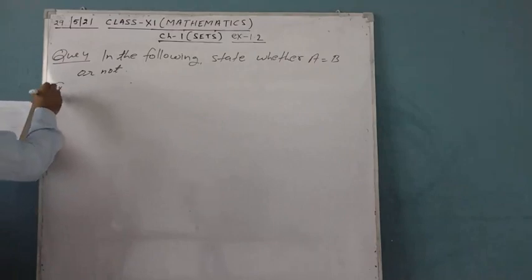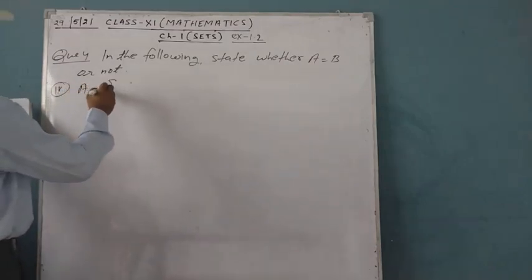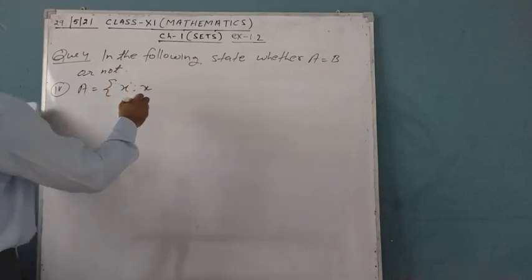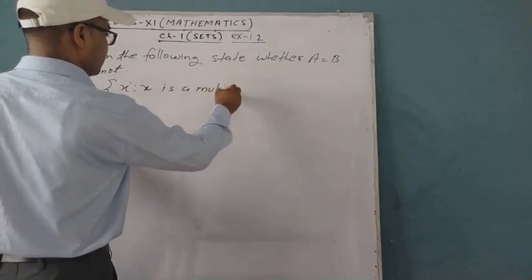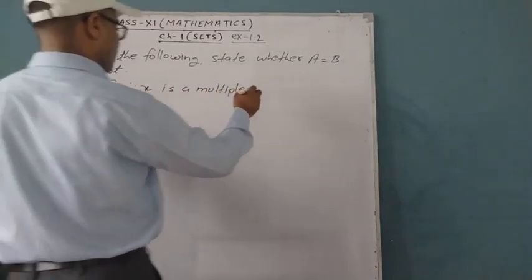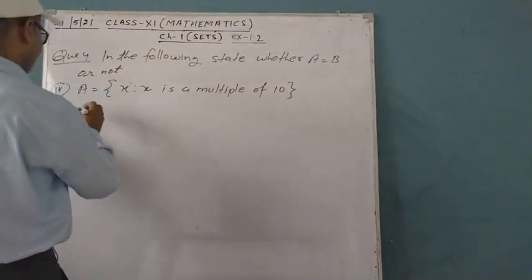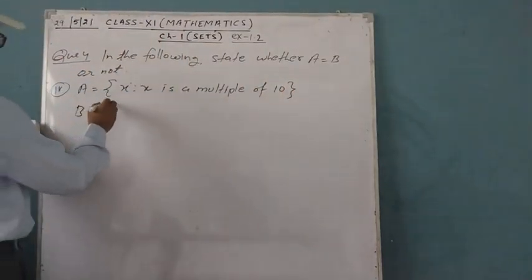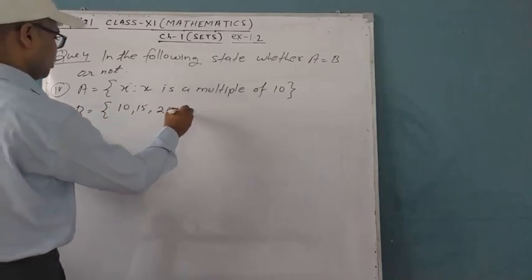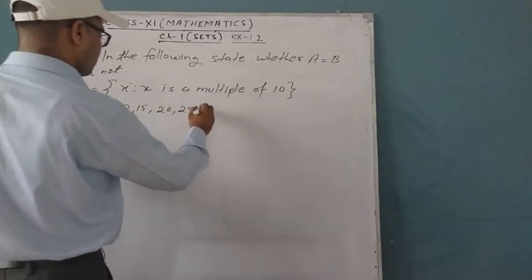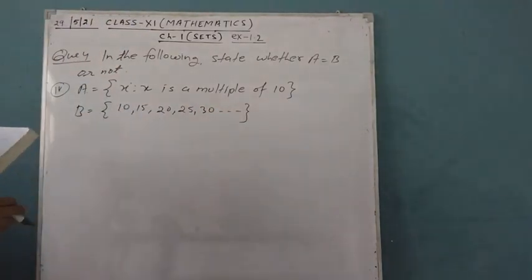Now fourth part, A is equal to x such that x is a multiple of 10 and B is equal to 10, 15, 20, 25, 30 and so on.